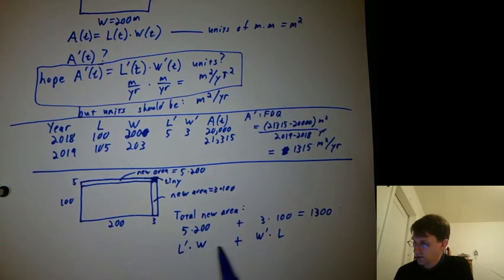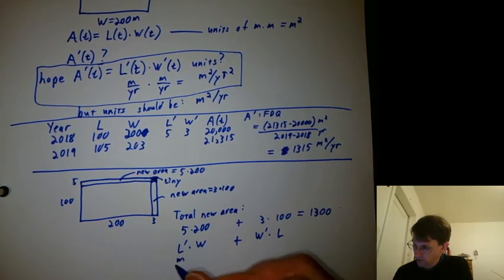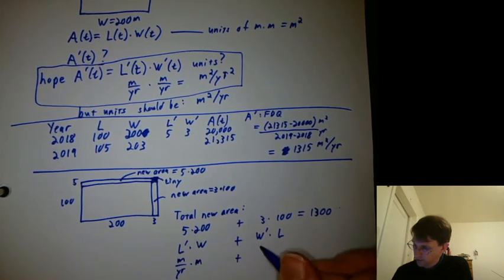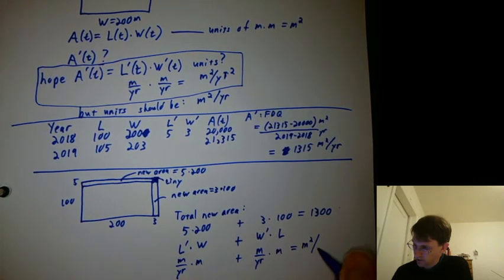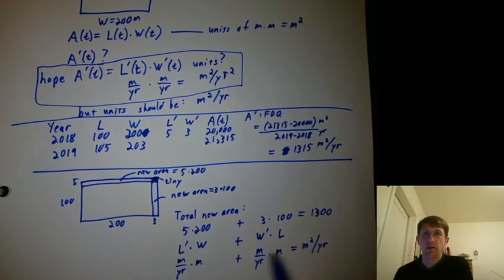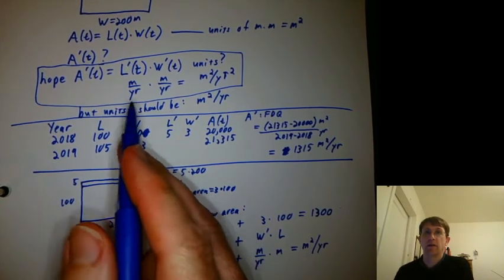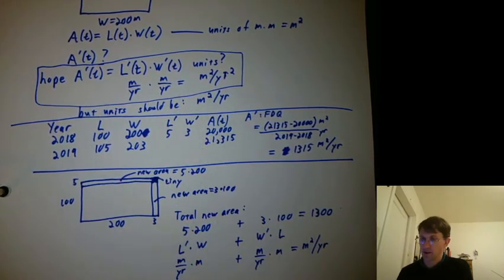It's L prime times W plus W prime times L. Let's think about the units here. L prime is in meters per year, W is in meters, W prime is meters per year, L is in meters. Altogether we get meters squared per year. And so the units work out on this formula in a way they didn't work out with what we hoped was the nice simple formula.